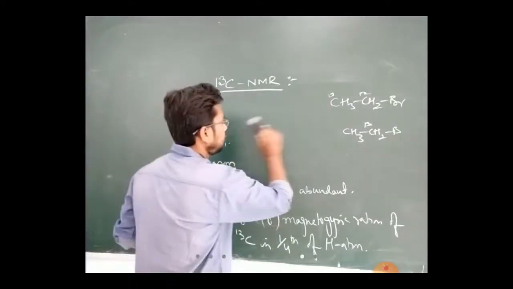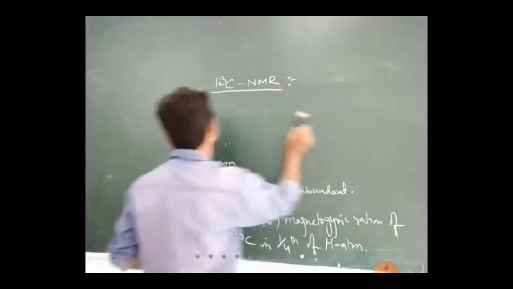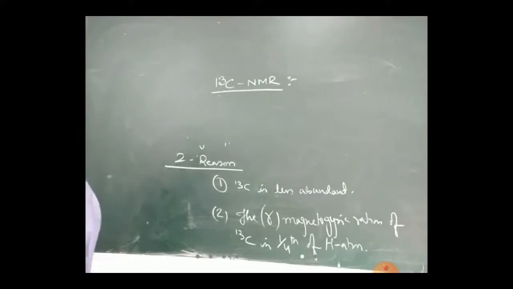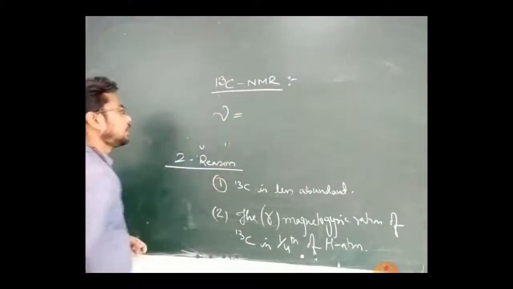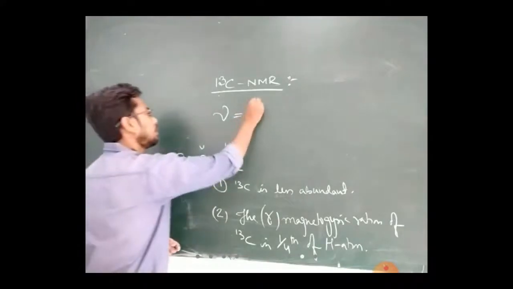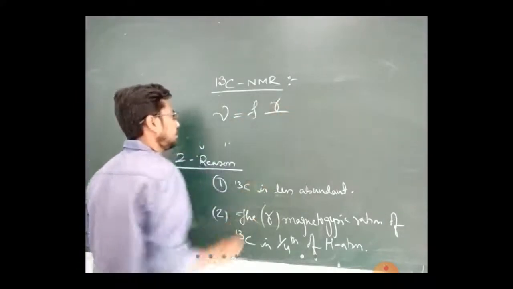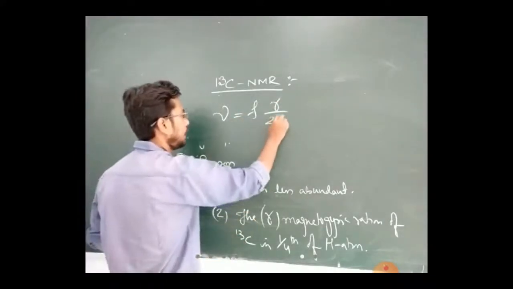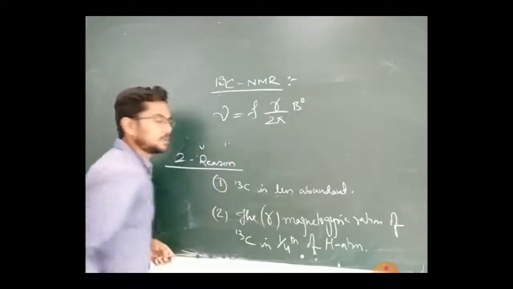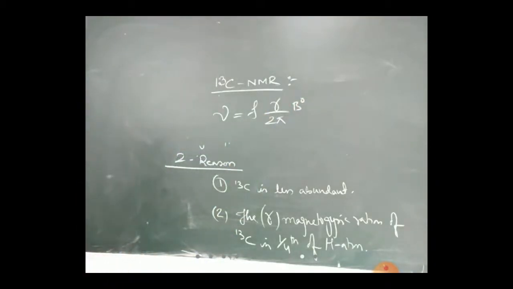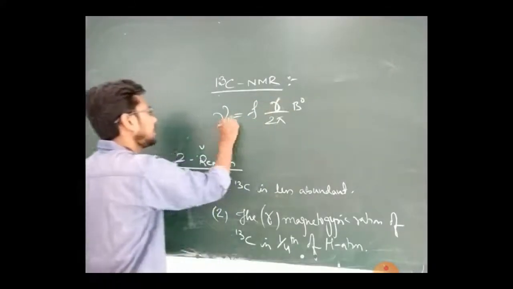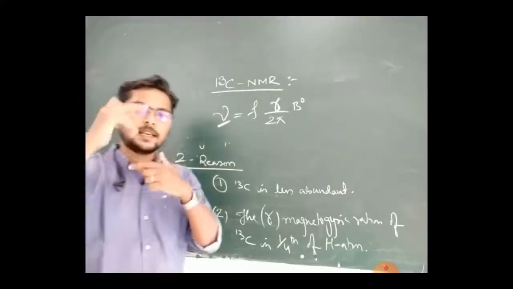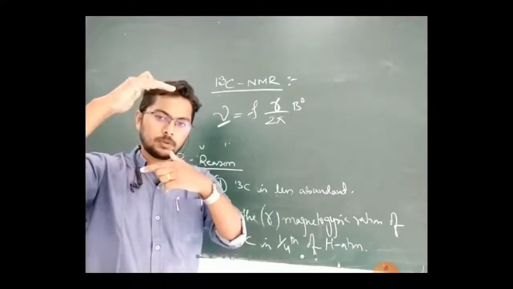If you go back, you will get the expression I derived, where the frequency is a function of the magnetogyric ratio: nu equals gamma B naught by 2 pi. This is the resonating frequency at which there is resonance of the nucleus we are discussing.